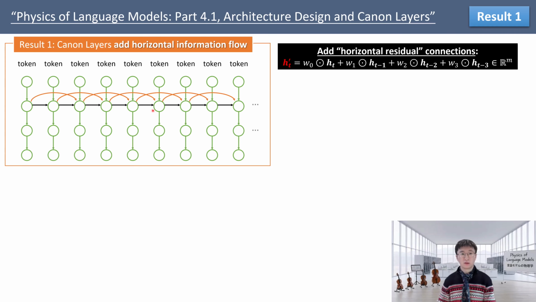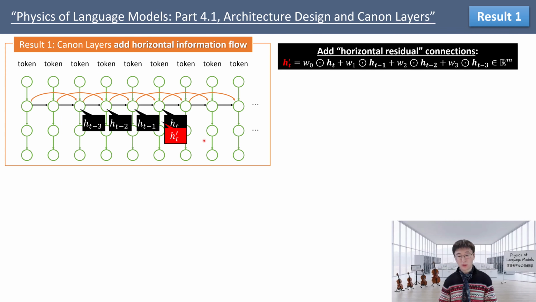Okay, so the idea is very simple. Whenever you're at some time t with hidden state ht of dimension m, you can, for instance, read the previous 3 hidden states and then perform a linear combination of them. Those are coordinate-wise multiplications, and then call the resulting vector ht prime.